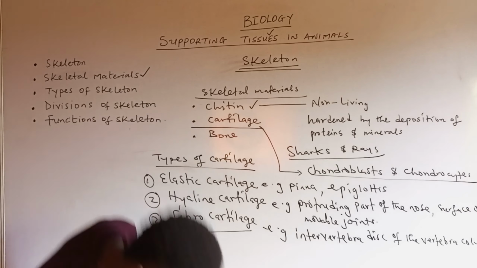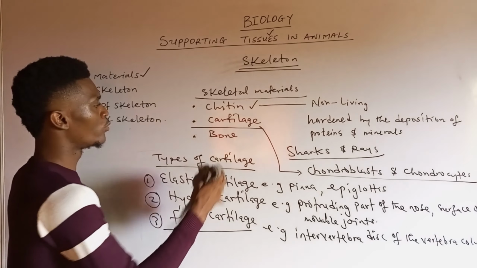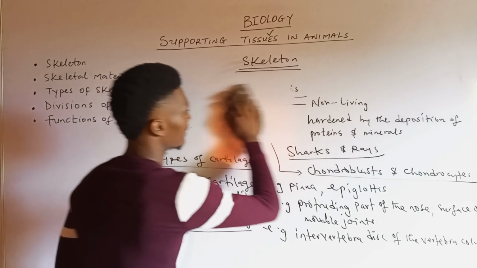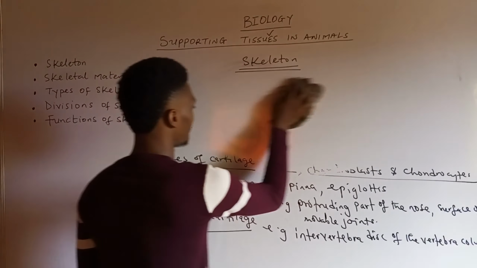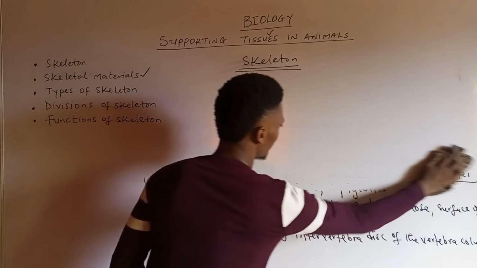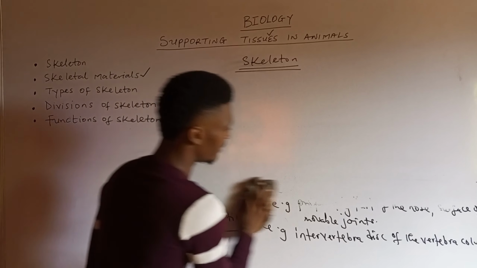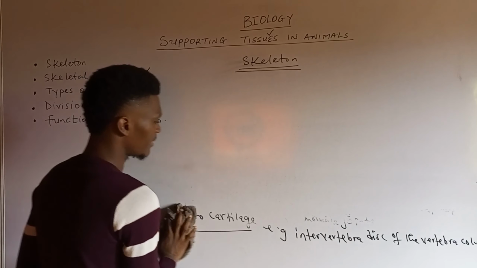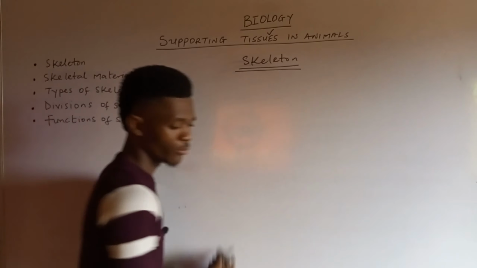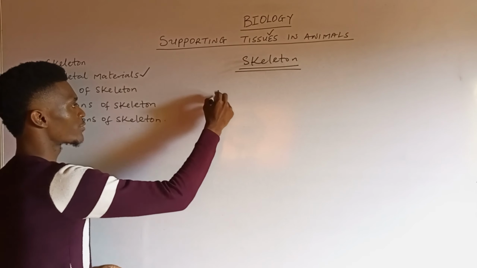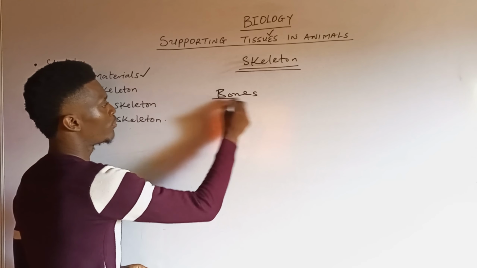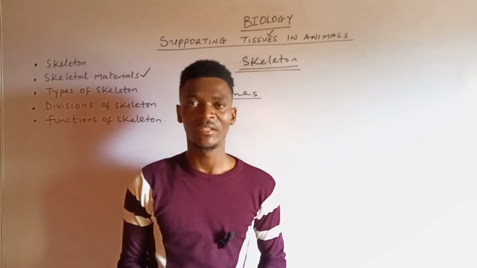Now, looking at bones, of course, bones are skeletal materials that are also living. Remember, I said that chitin is non-living, cartilage is living, as well as bones. Bones are simply tough, rigid.